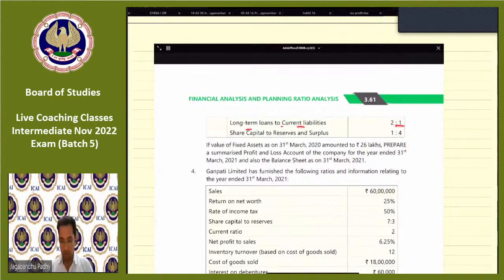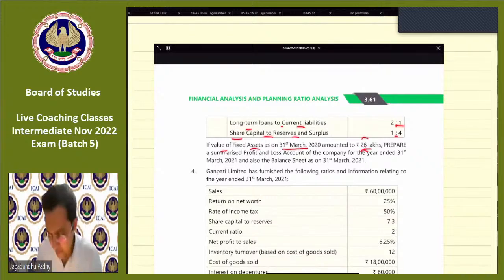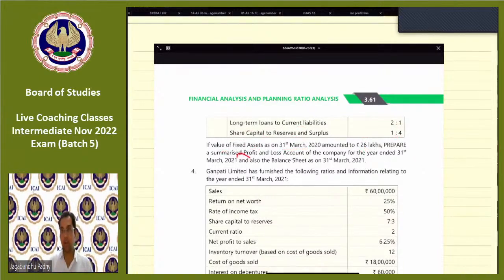Long-term loan to current liability, share capital to reserves and surplus. Value of fixed asset as on 31st March amounted to 26 lakh. Prepare a summarized profit and loss account and balance sheet as on 31st March 2021. Okay, guys. Fairly simple question.